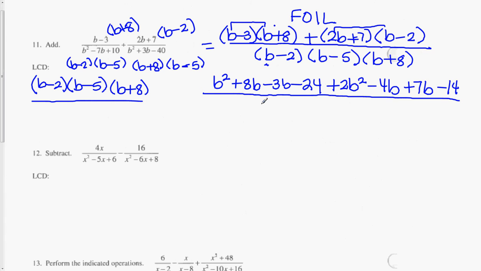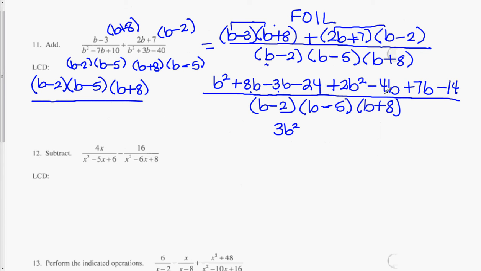All of that's over b minus 2, b minus 5, b plus 8. So let's see what we can combine. I've got a b squared and a 2b squared. That's going to give me 3b squared. 8b minus 3b would be 5b.